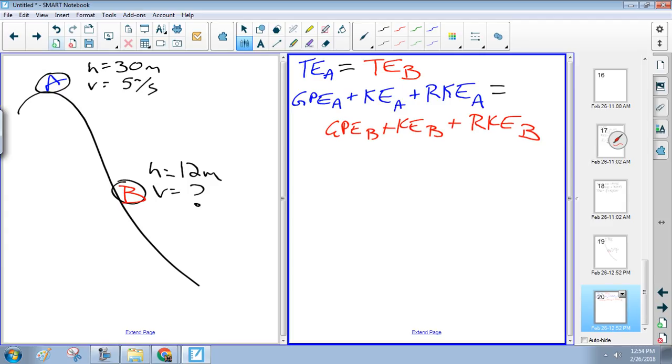All right, so let's plug in some numbers. The GPE at point A is m times 9.8 times the height. Notice I don't know the mass, so I'm just going to leave it as an m. Follow? Plus the kinetic energy, which is 1/2 the mass times the velocity, which is 5. Don't forget to square it.